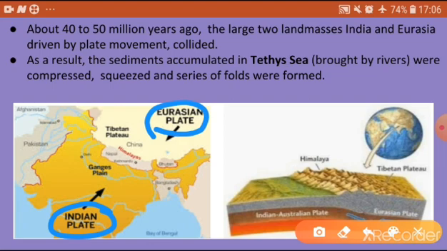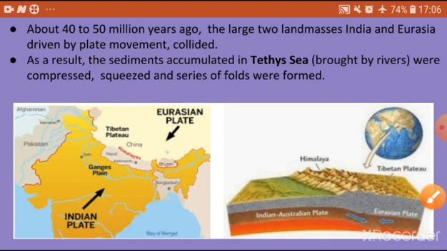As a result, the sediments accumulated in Tethys Sea. See here, Tethys Sea. In your textbook also they have given in lesson 2 first page about this Tethys Sea. That means before Himalayas formed, there was Tethys Sea.